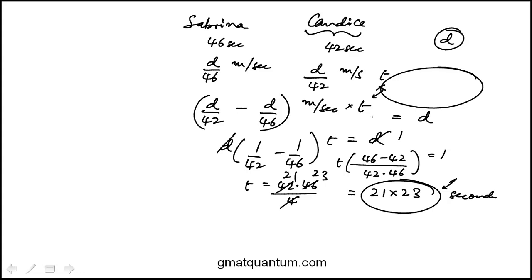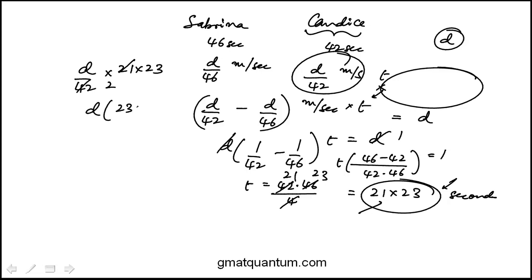So let's look at how many laps Candace has completed in this time, because her rate is D over 42. So that's her rate, I multiply it by the time. And you'll see that it is 23 over 2, which is really 11.5. So 11 and a half laps later, Candace is one full lap ahead, and they both meet, and that point is going to be here.